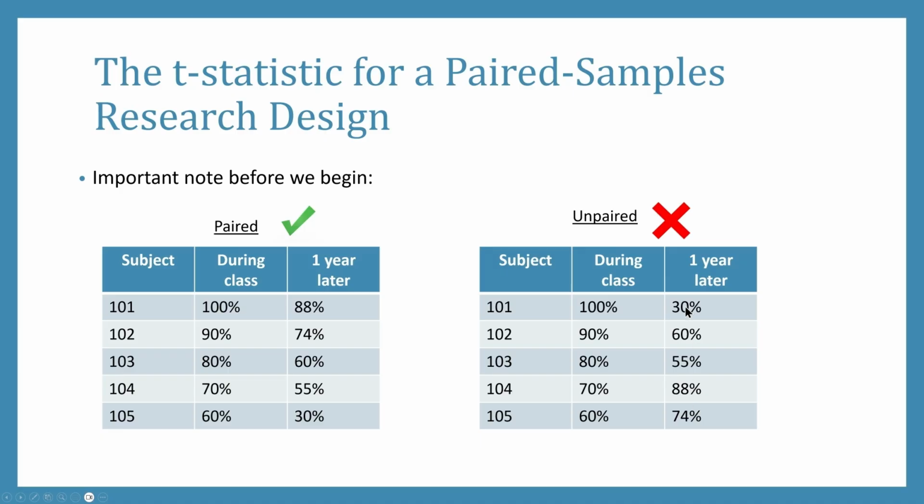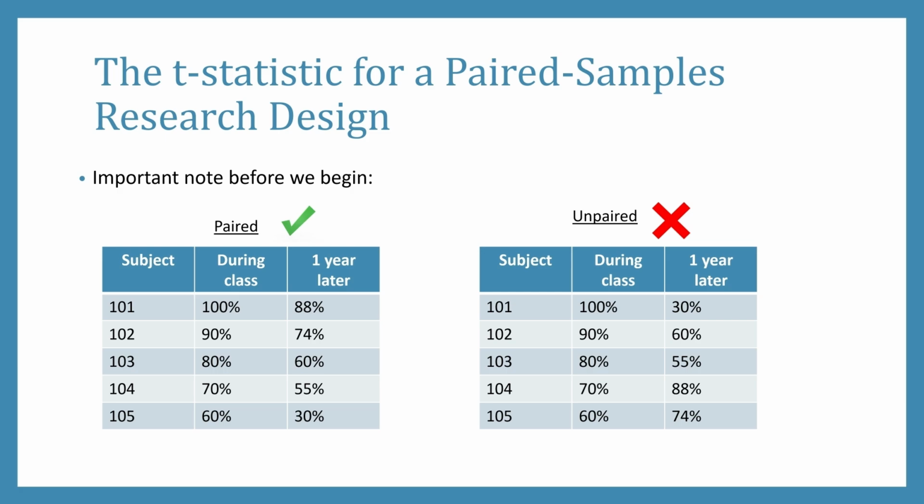So what's ending up happening is that subject 105's score, who got a 30, is now paired up with 101. So when I do my calculations, and when JASP would do the calculations, what it would look like is that this person is dropping by 70%. They forgot 70% of the material, when in reality, they only forgot 12% of the material. So very, very different conclusions based on that.